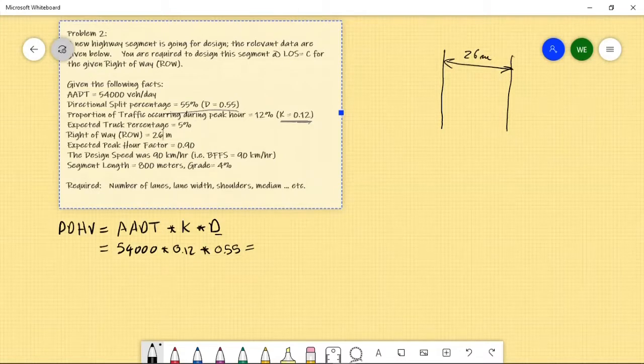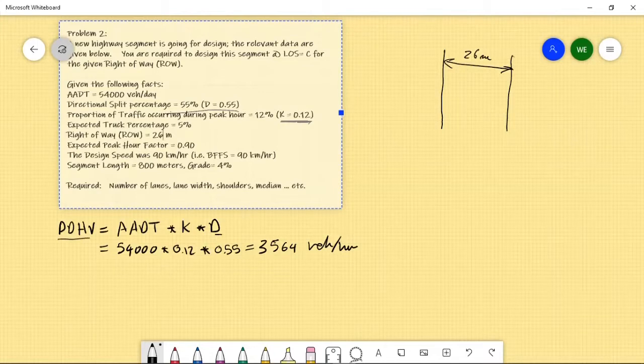So 54,000 times 0.12 times 0.55 equals 3,564 vehicles per hour. That's the directional design hourly volume.